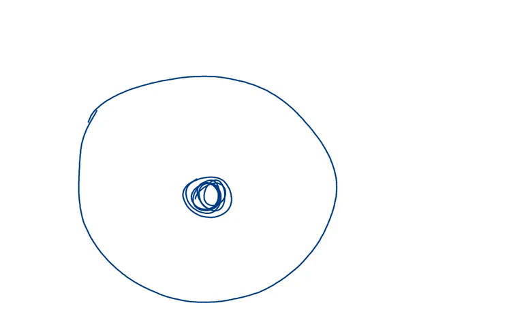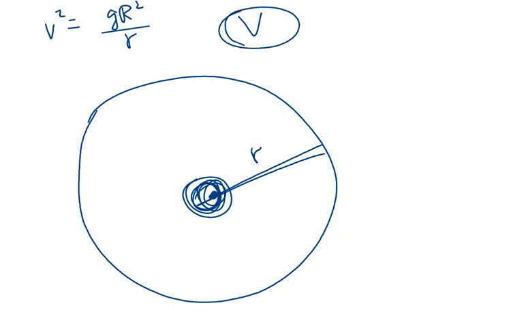Then usually you've chosen the distance r. You've chosen r, and that means you've plugged r into that equation, v squared is equal to gR squared over r. You've plugged it into that equation to find v, and so now you know how fast your satellite has to move.